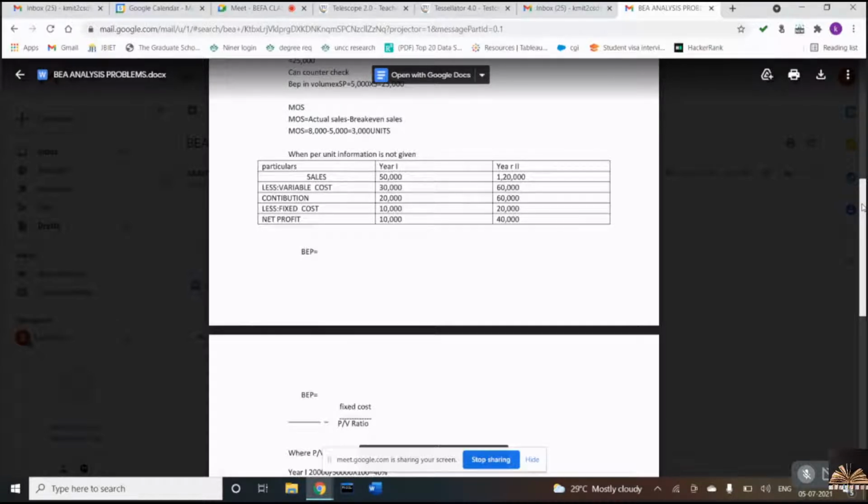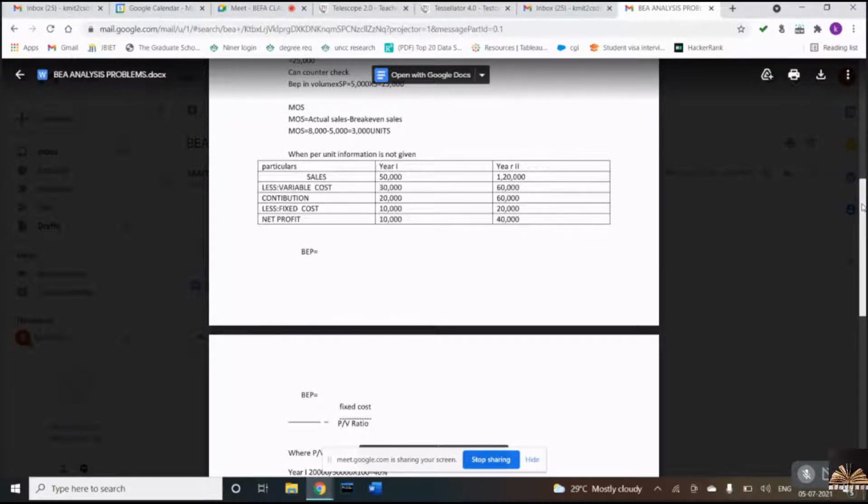10,000 passengers. So the rail would be at break-even when it carries 10,000 passengers. Is that clear? Now calculate break-even in value. Write the formula. Don't do shortcuts.